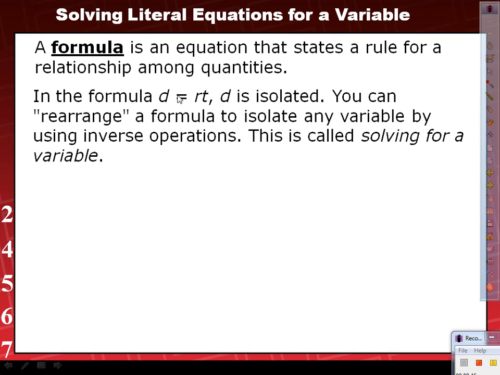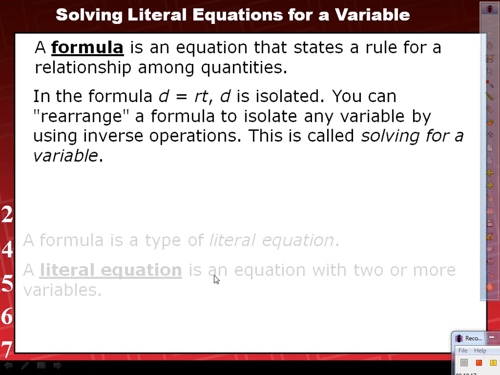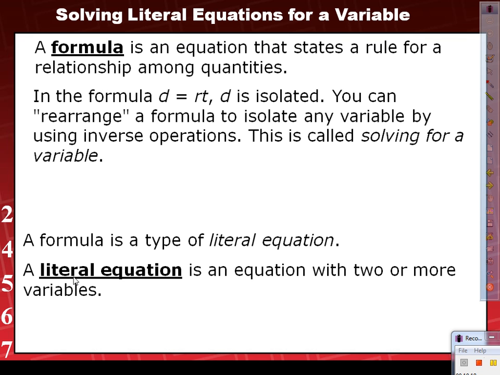I know. For the purpose of today, most of them are only going to have variables. So look at this next one, though. This next term is literal equations. So it's formulas because literal equations have two or more variables.